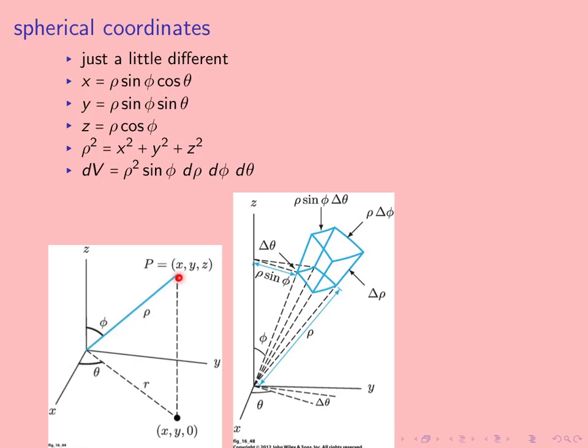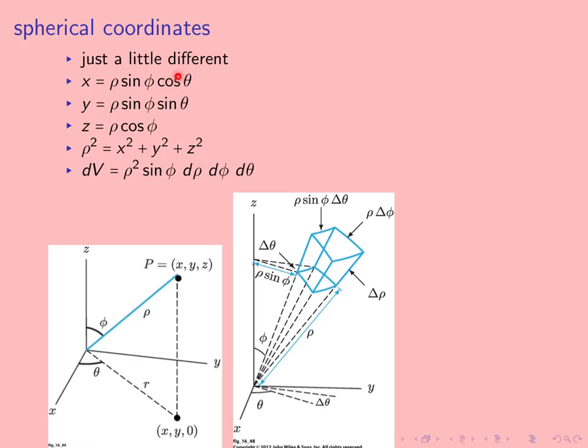You do some messy trigonometry, and you end up with these translations between rectangular and spherical coordinates. The x-coordinate is given by rho sine phi cosine theta, and similarly, y is given by rho sine phi sine theta, so notice these only change in the theta values.